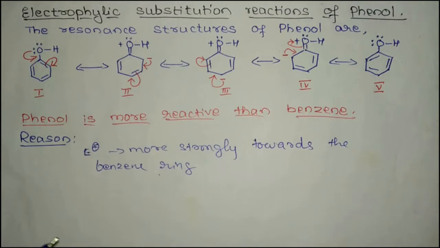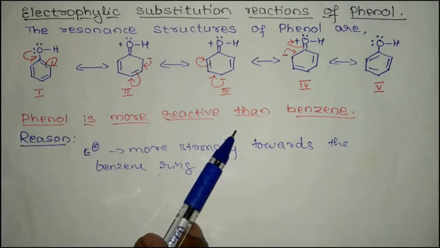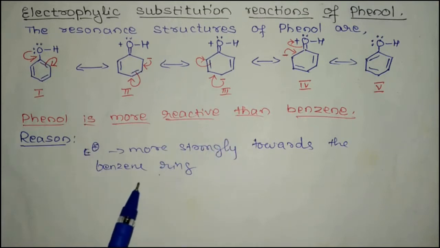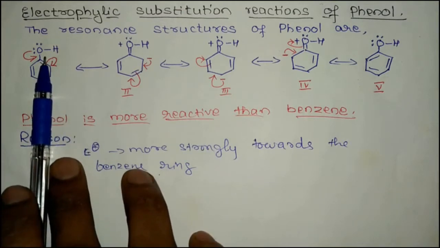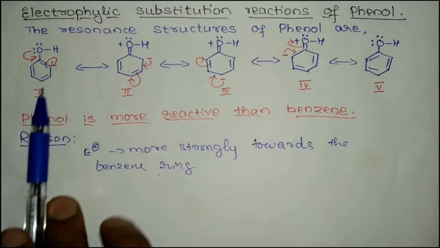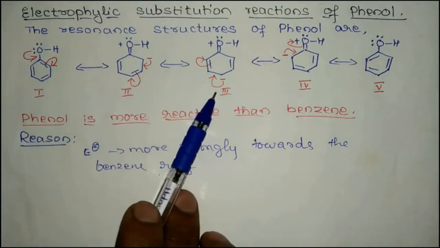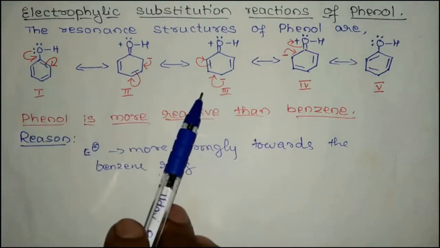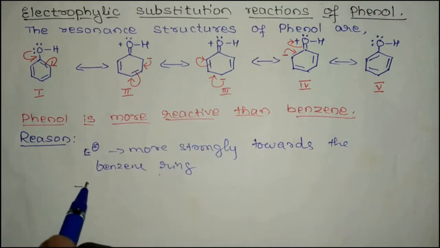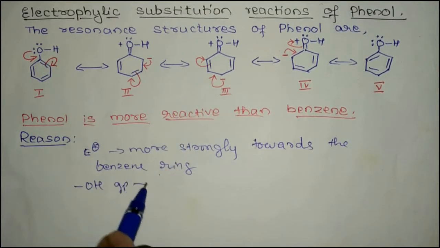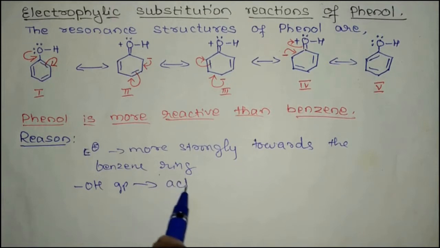Hence, phenols are more reactive towards electrophilic substitution reaction. But in benzene ring, such type of groups are not present. This OH group increases the activity of benzene ring towards electrophilic substitution reaction by donating a pair of electrons. Hence, the OH group is said to be an activating group.